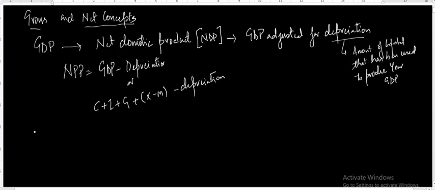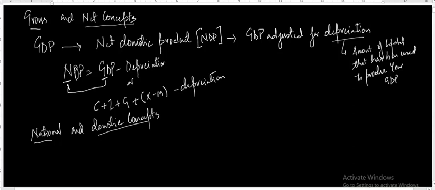Now the next thing I'm going to talk about is the national and domestic concepts. But before that, just remember this: when we want to move from G to N, with DP remaining constant, we have to subtract the depreciation.